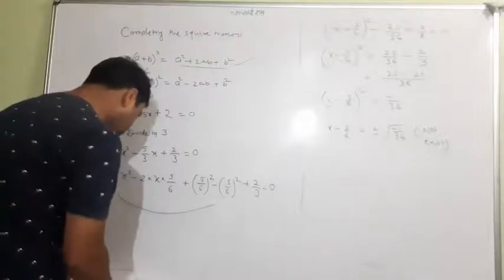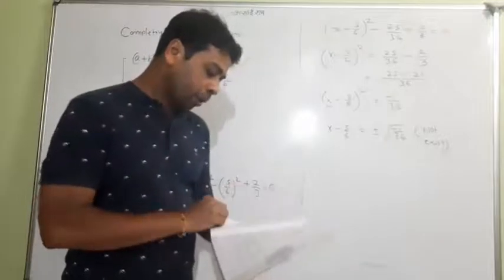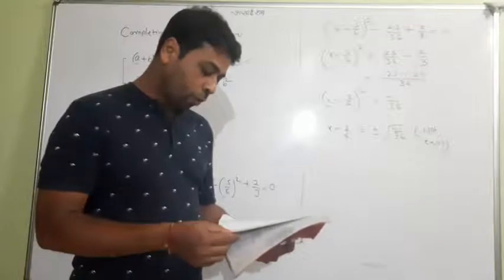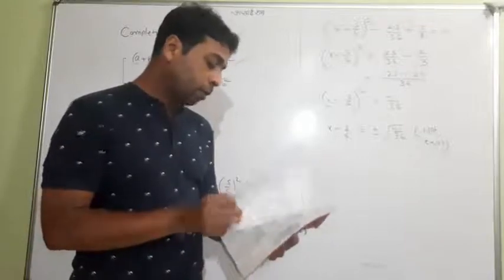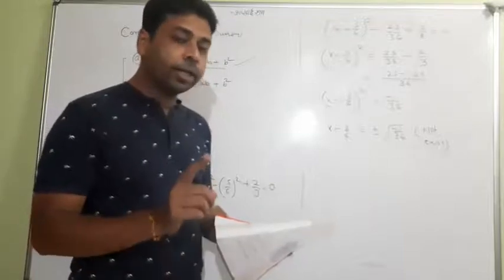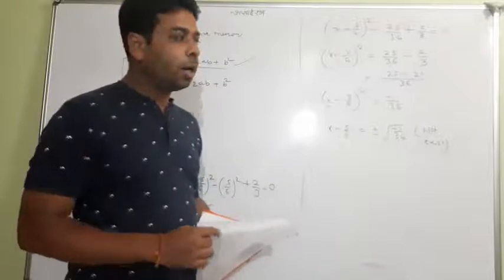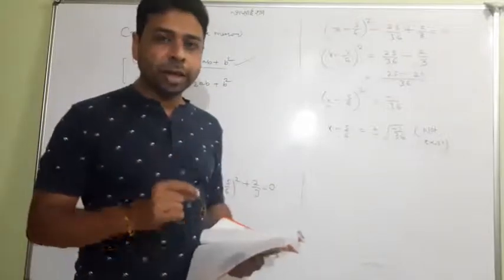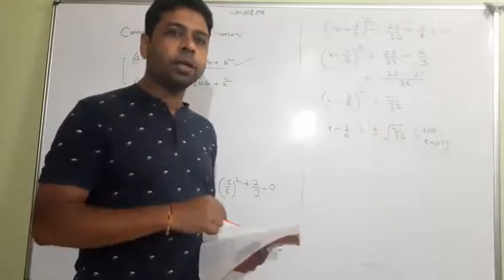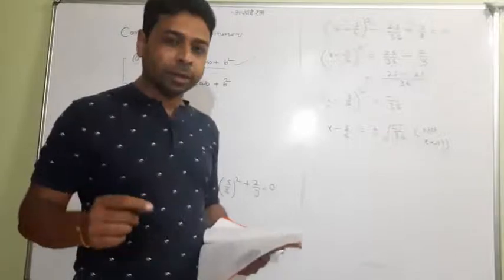Now I just want to give you a simple work. From exercise 4.3, do the first question completely. And I tell you one more thing. Whenever a question comes in the exam, it will be specially mentioned to find the roots of the quadratic equation by the completing the square method.